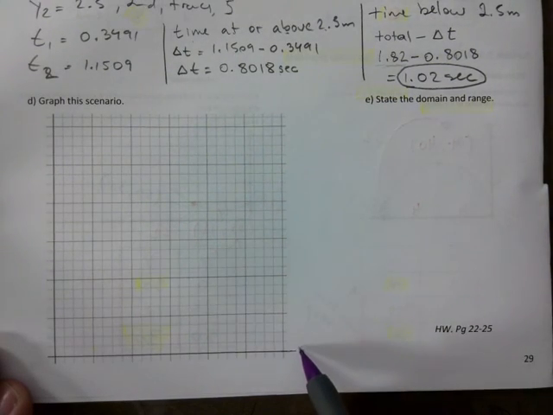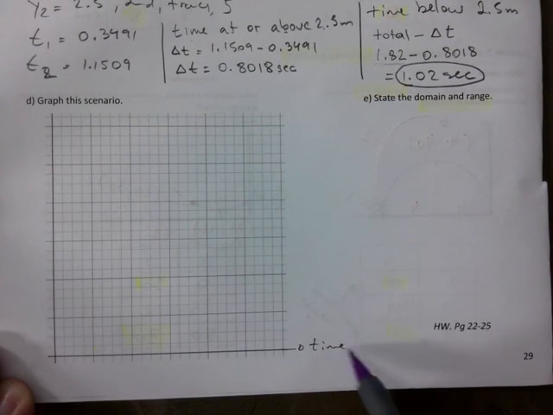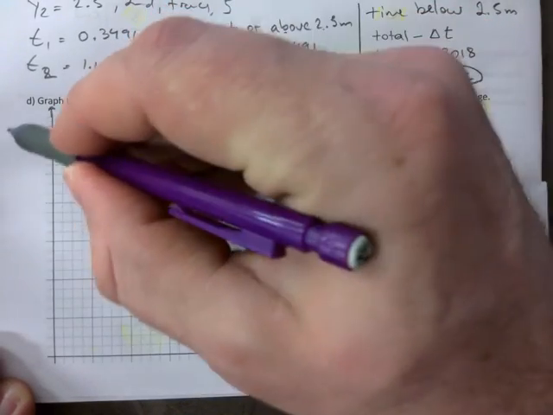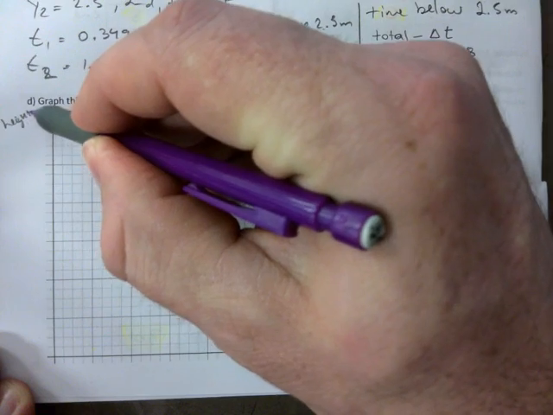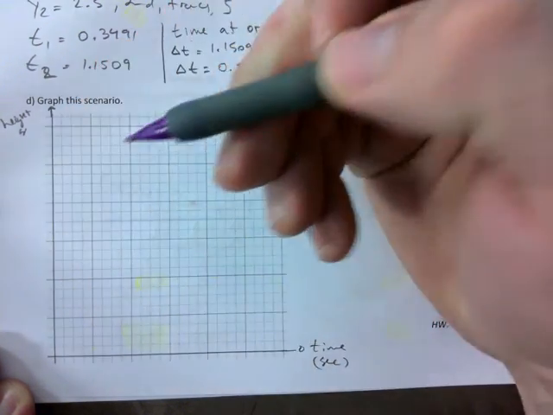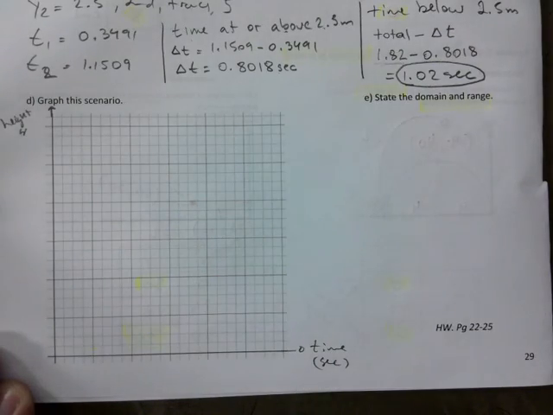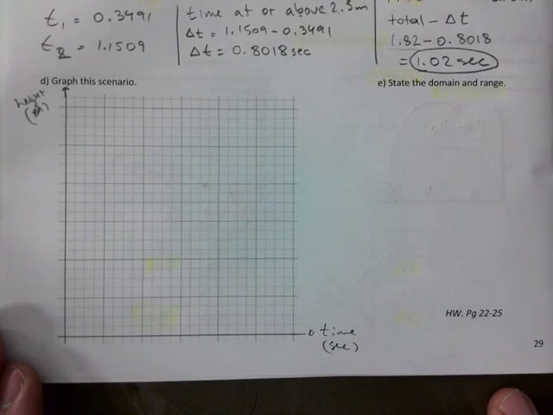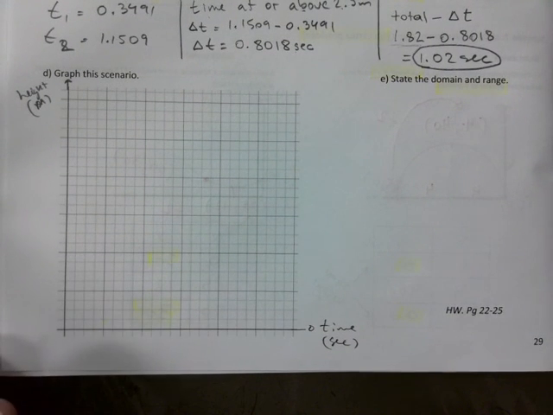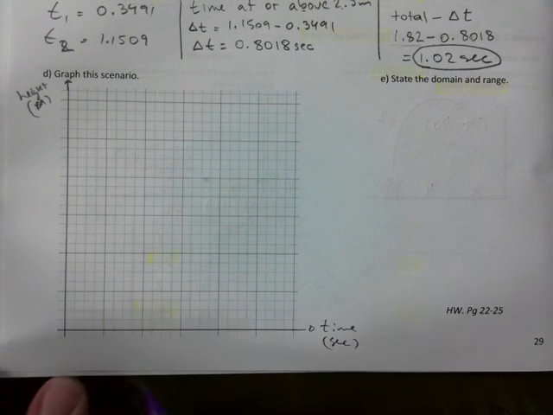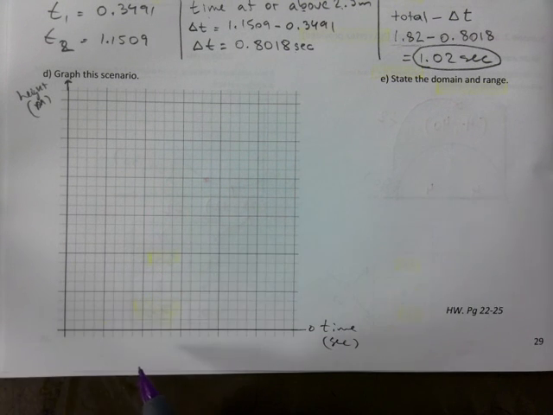Okay. So time in seconds, height, and not seconds, meters. Meters, yeah, meters. Time in seconds, height in meters. I have everything I need, really. 1.82, right?